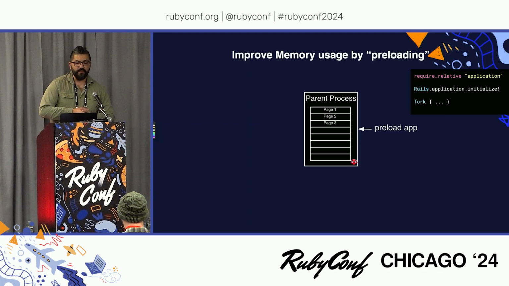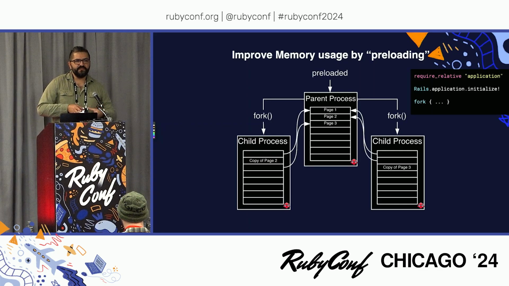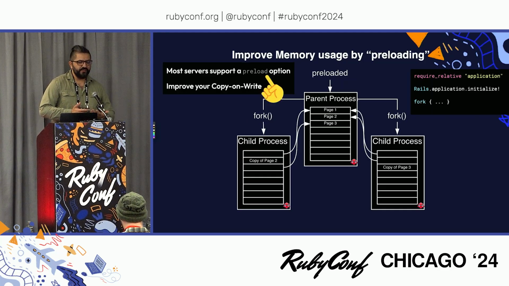And that all gets preloaded into my parent process. Now, when I fork, my child processes are able to take advantage of something called copy on write. So there's pieces of memory that may never change in my child processes. They never have to reinitialize them. And so the memory overhead on my child processes goes down because it shares it with the parent. Most servers support a preload option, so you really want to improve your copy on write memory by utilizing that.